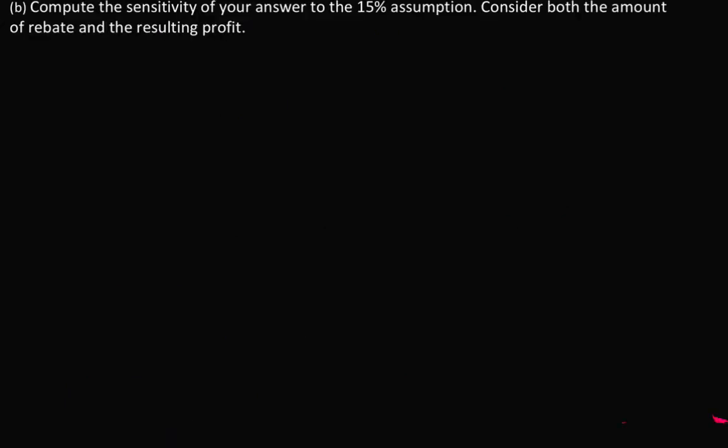Part B. Compute the sensitivity of your answer to the 15% assumption. Consider both the amount of rebate and the resulting profit. Okay, they are talking about the 15% assumption.